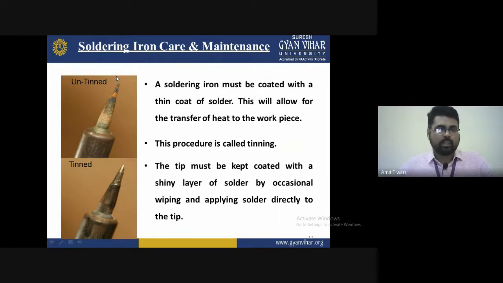Now second, the tip must be kept coated with a shiny layer of solder by occasional wiping and applying solder directly to the tip.